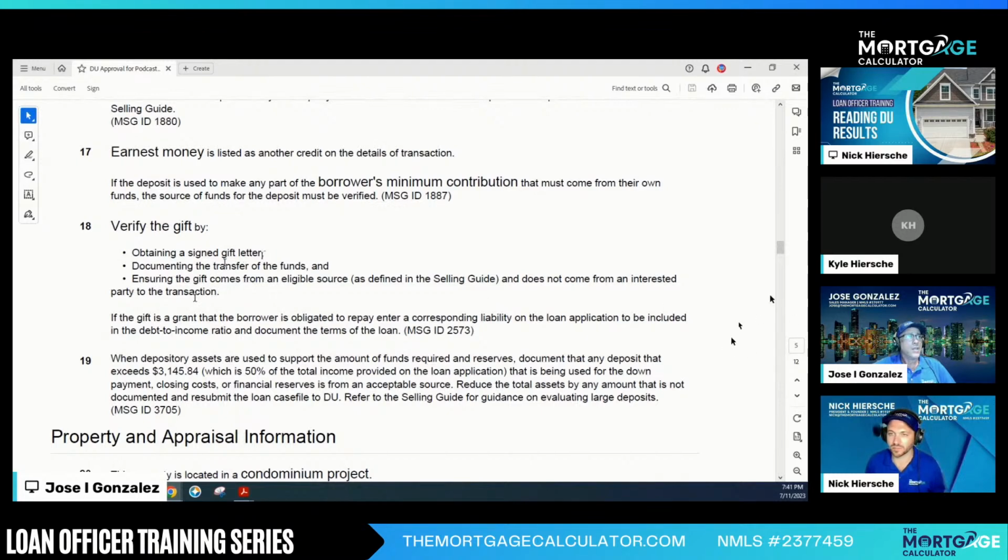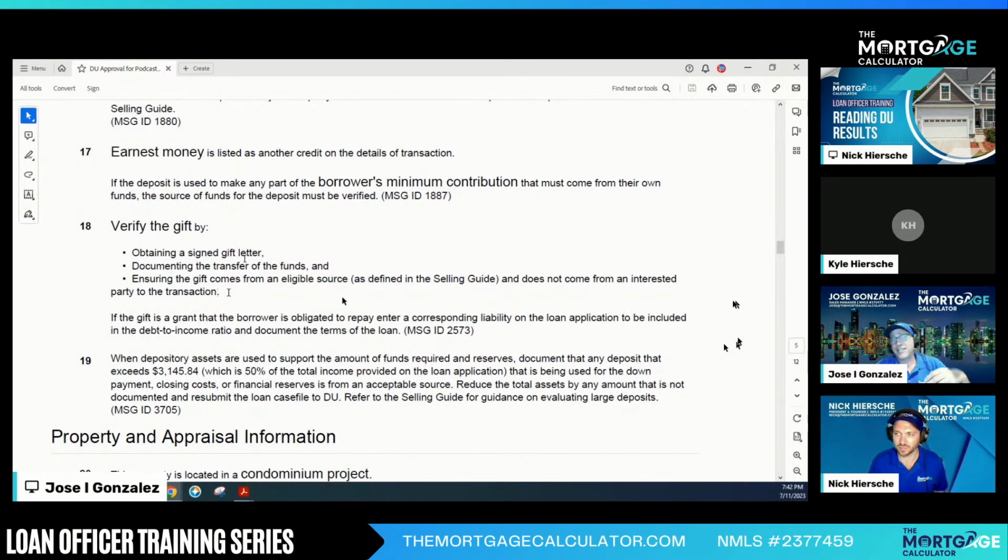And then ensuring the gift comes from an eligible source and does not come from an interested party to the transaction. So, they're usually looking at blood relatives, but they will accept a close personal friend. You just have to document the relationship. It has to be really close. I had one recently where they had to have the letter from the donor about I've known him 28 years, yada yada yada.